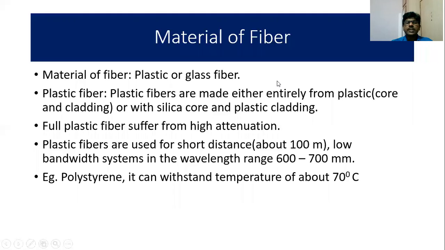Next, we can see the classification of optical fibers based upon the material. Material of the fiber can be plastic or glass. Plastic fibers are made either entirely from plastic, that is core and cladding are made up of plastic, or with silica core and plastic cladding. Full plastic fibers suffer from high attenuations. Plastic fibers are used for short distance, low bandwidth systems in the wavelength range of 600 to 700 nm. An example is polystyrene, which can withstand temperature of about 70 degrees centigrade.